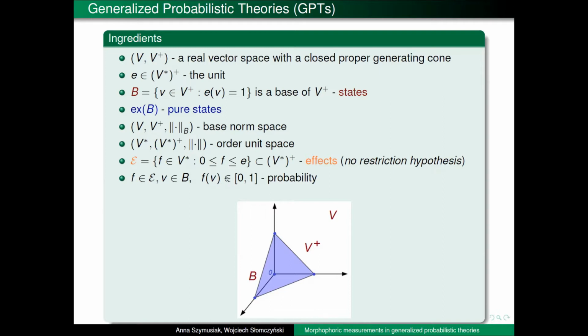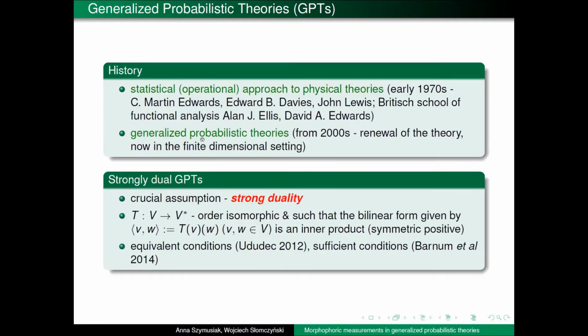So this is quite old stuff, it started, I think, in the early 70s under a different name, the statistical or operational approach to physical theories. It is due to mathematicians like Edwards, Davies, and Lewis, and their results are based on other results of the British School of Functional Analysis, namely Ellis and Edwards, on ordered vector spaces.